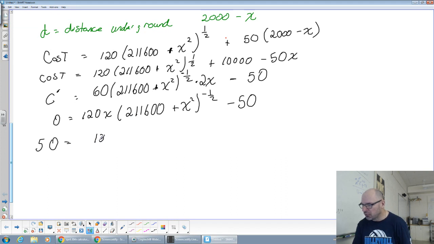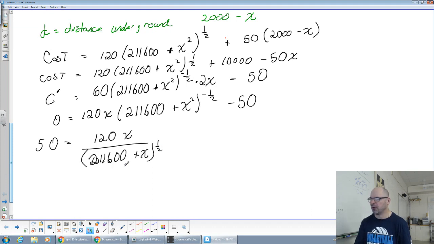So it'll be 120x all over the square root of this whole number. Now it's on the bottom, so now it's just the square root. All right, that's the derivative, set to 0.